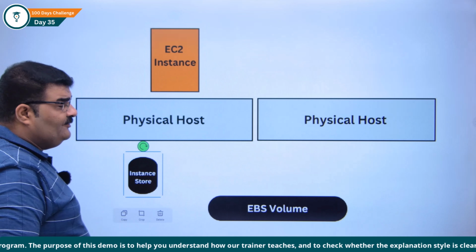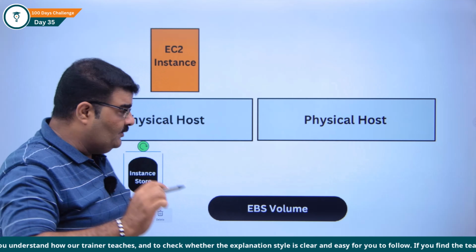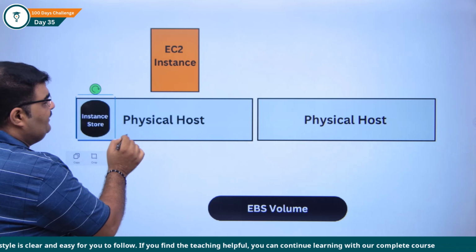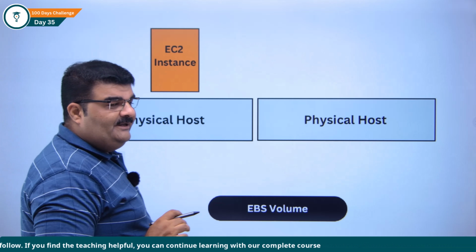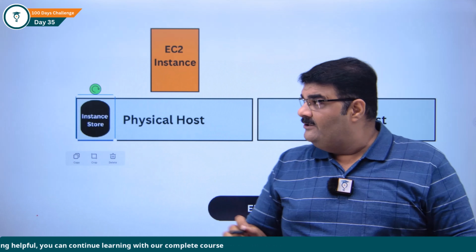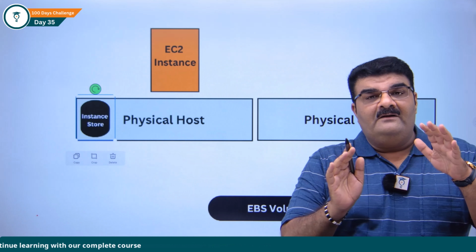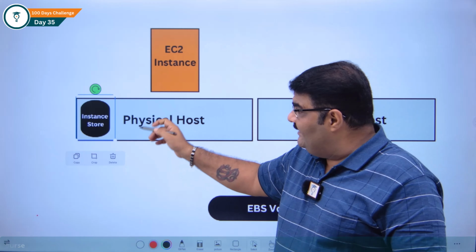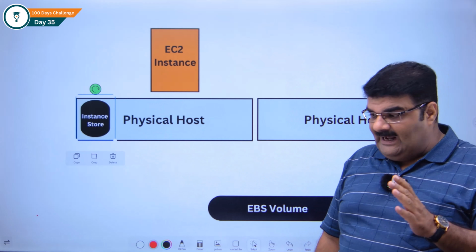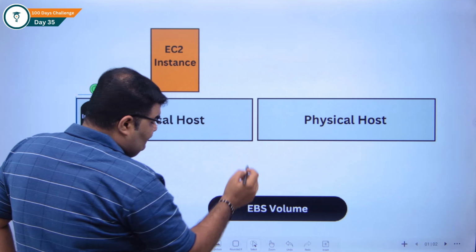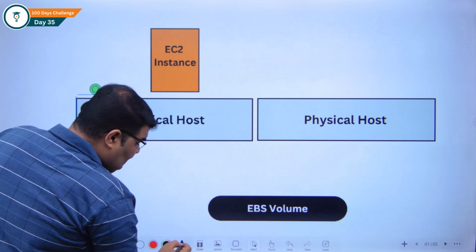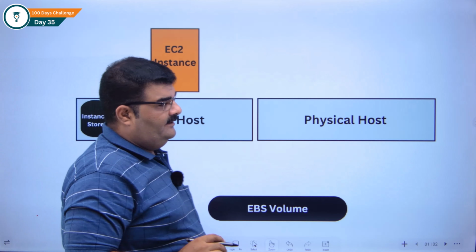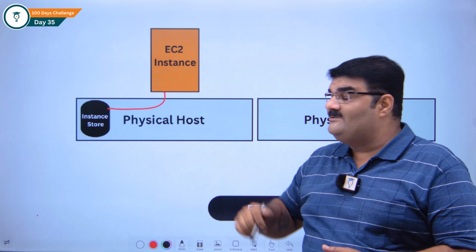Instance Store is actually a directly attached storage with a particular physical host, and it always resides inside your physical host. So suppose I have one EC2 instance and this EC2 instance is connected with Instance Store, this is how it can access the Instance Store.